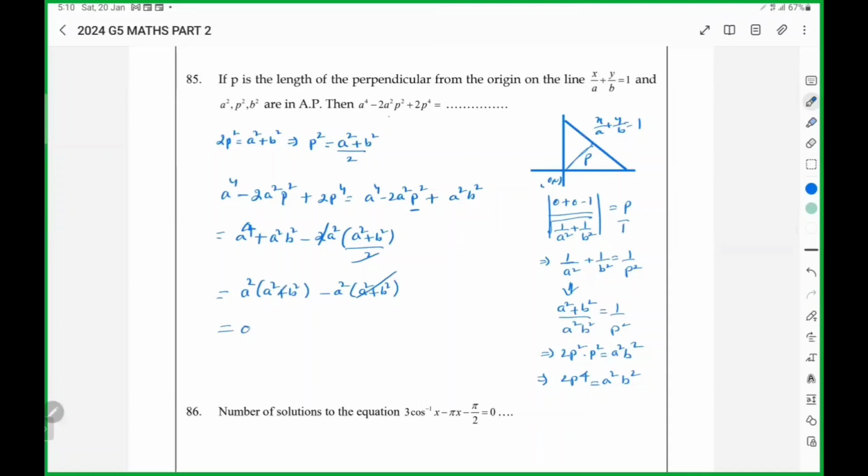My suggestion here is, given some strategy didn't work out, take a as 1, b as 1, p as 1 and substitute here. So with AB as 1, you can get the perpendicular distance, but unfortunately, you won't get these numbers to be AP. You have to do it.